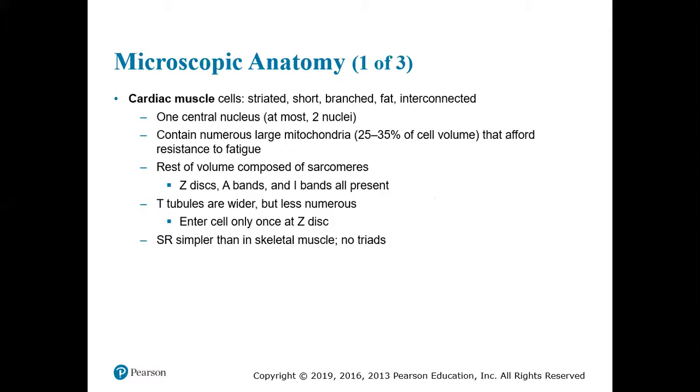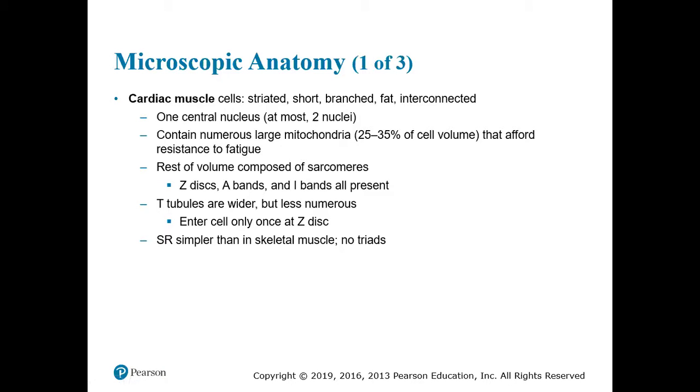Cardiac muscle, we won't go too much into this because we already did muscles. Look at the old sarcomeres coming into play. Z-disc, A-bands. It almost looks like we're back in the skeletal muscle chapter. So we're not going to dabble in that. But one thing I do want to say about cardiac muscle is they contain large amounts of mitochondria.